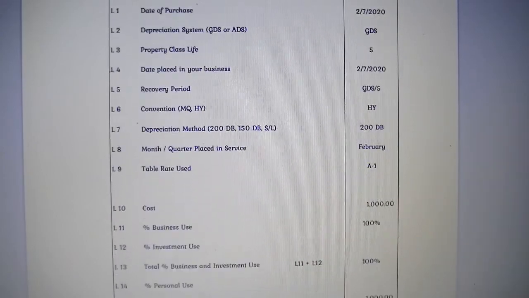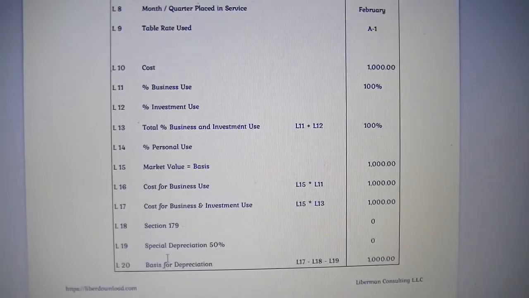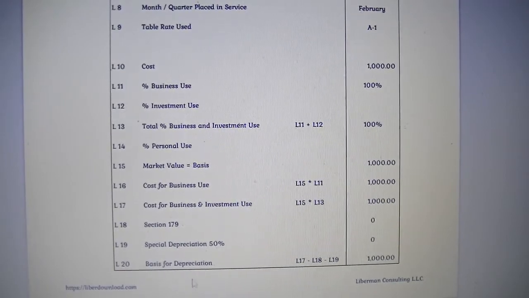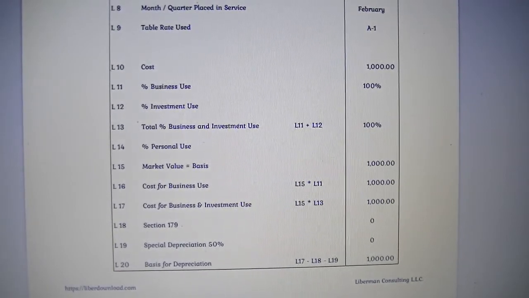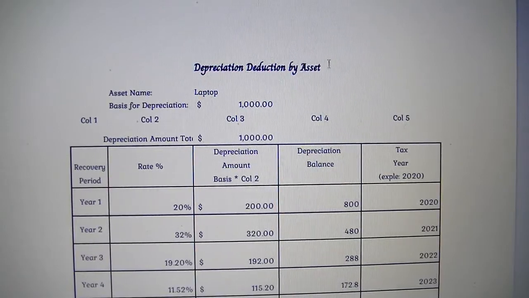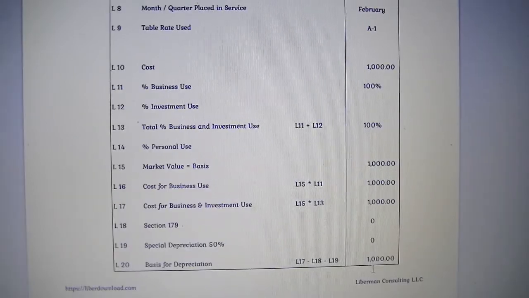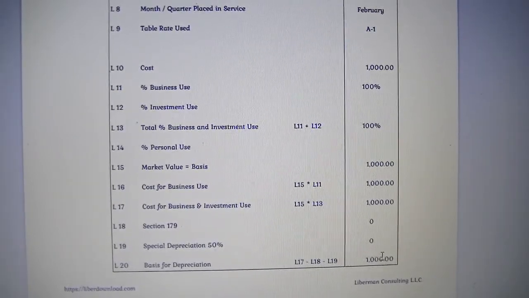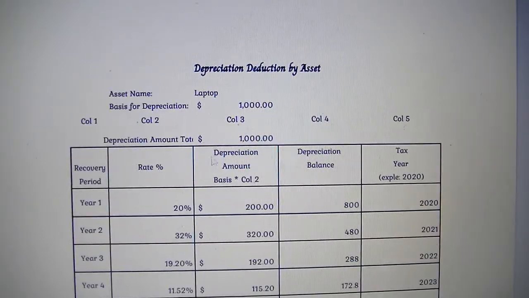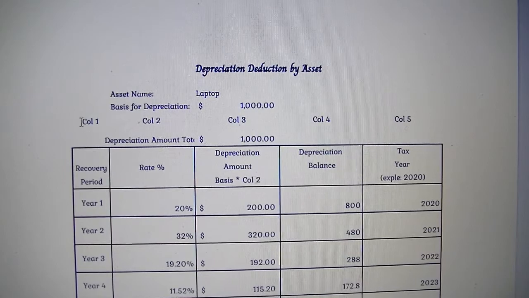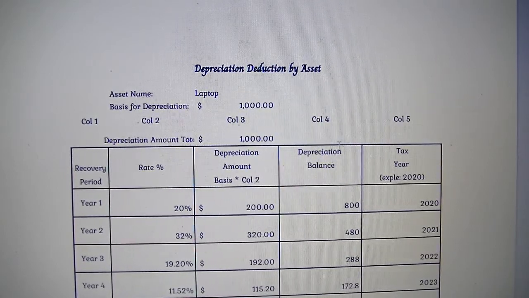Once we cover everything and we know the basis for depreciation, which is 1,000, now we'll use the depreciation deduction sheet. Asset name laptop, the basis for depreciation is the 1,000 at the bottom of the previous sheet we just worked on. So 1,000, we have column 1, column 2, column 3, column 4, and column 5.